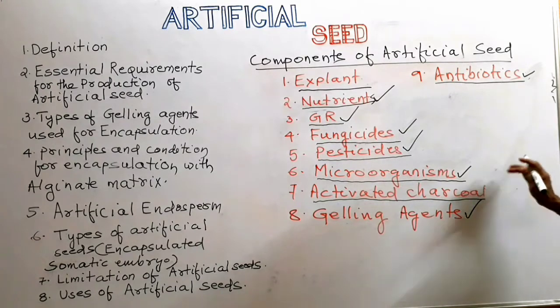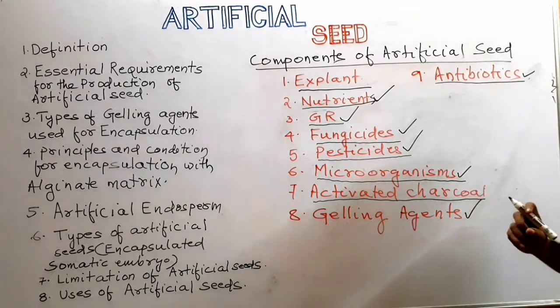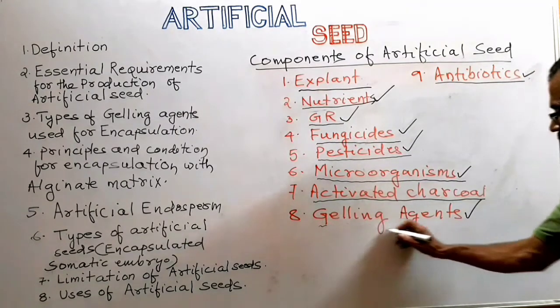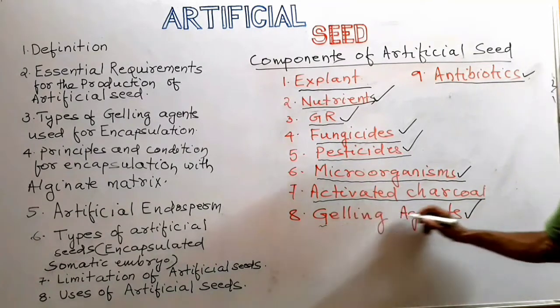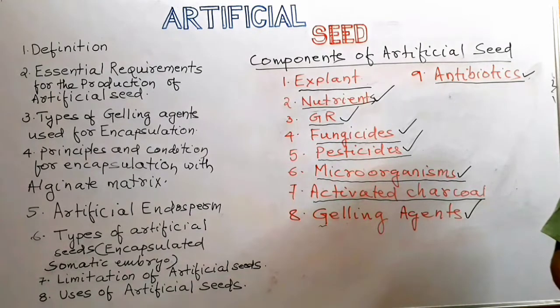It also retains nutrients within hydrogel matrix and releases them slowly for the utilization of somatic embryo. Other component is a suitable gelling agent. Among various possibilities, alginate is the most suitable gelling agent for encapsulation of the somatic embryo and other explant material.